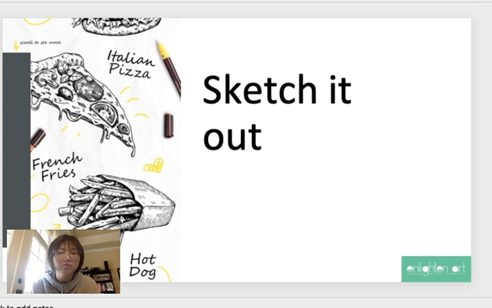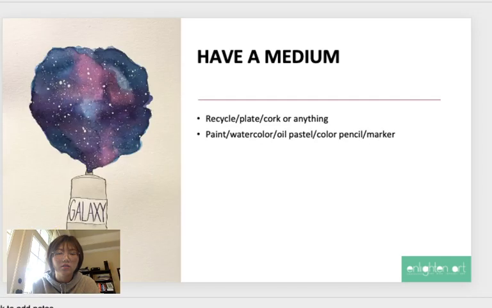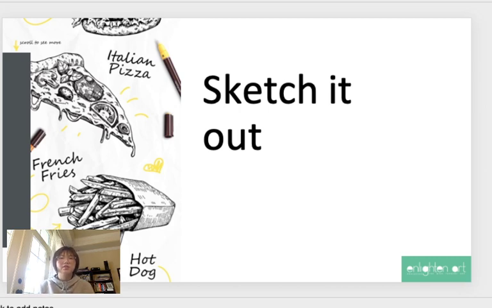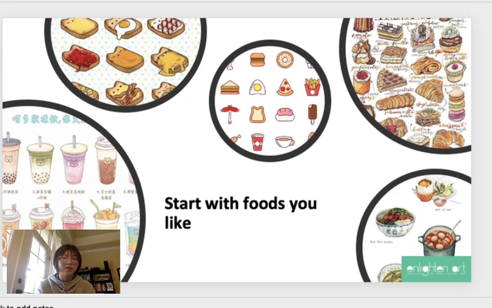So for the sketch, you can also see ideas from this picture. Or if you have something at home you really want to draw, just put it next to your paper, and then you can try to draw the outline and the shapes for that.